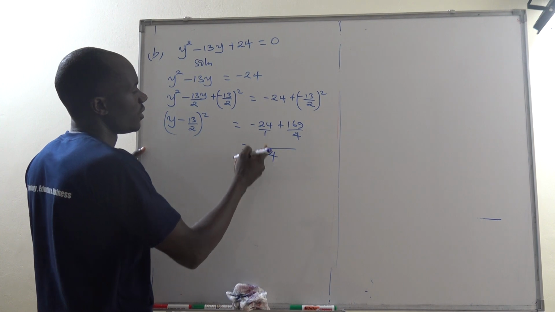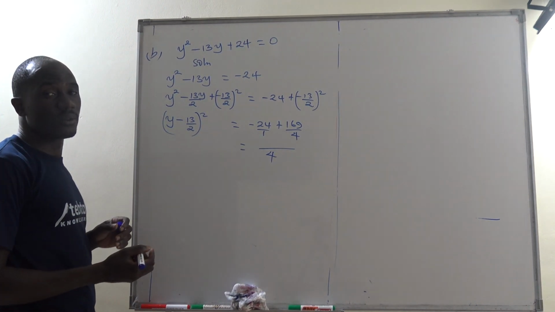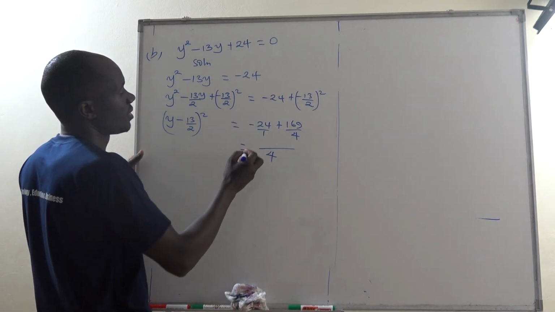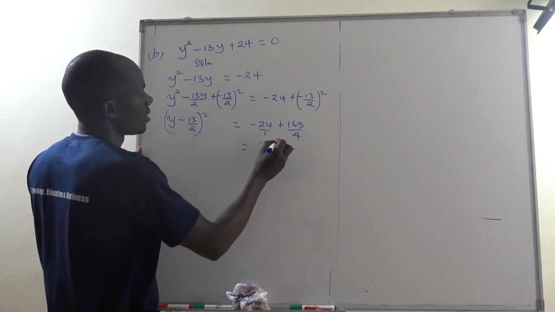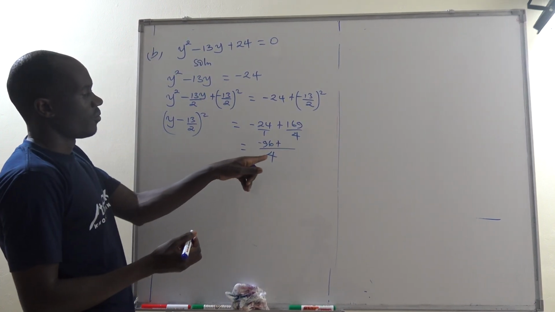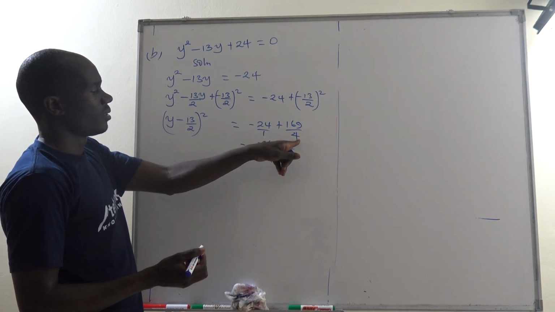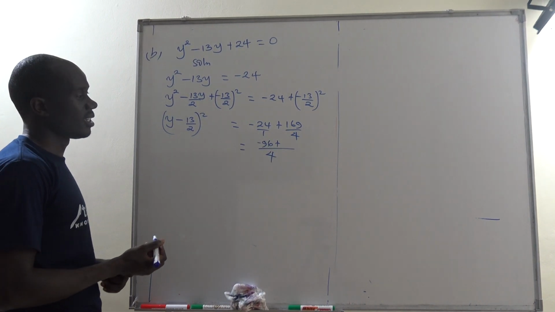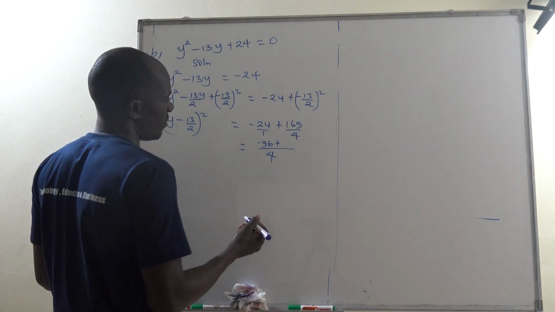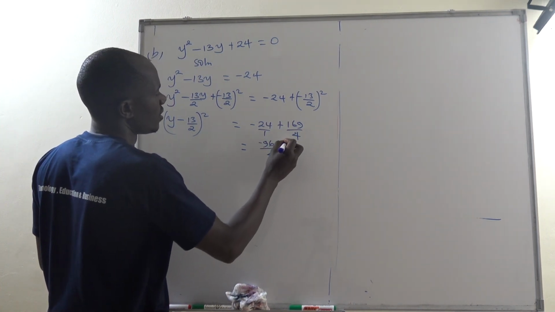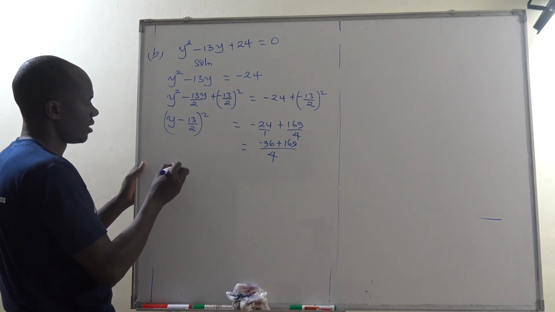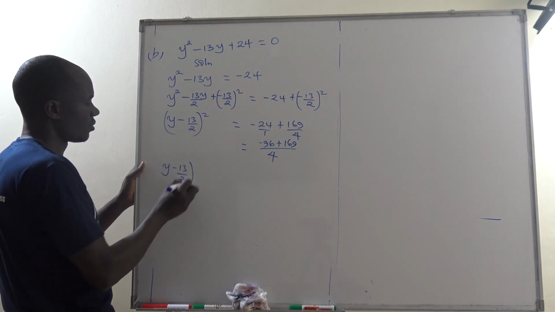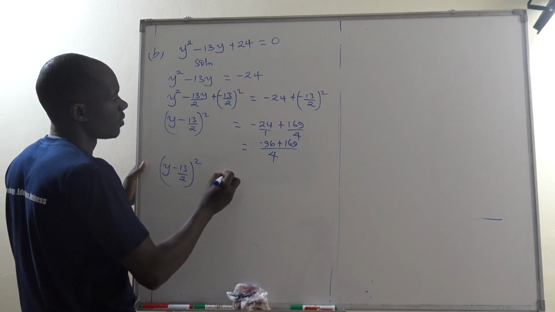It is 4. 4 divided by 1, you get a 4, times 24, you get negative 96, plus 4 divided by 4, you get a 1, times that, you get 169. So we are having y minus 13 out of 2, the whole of it, equals.